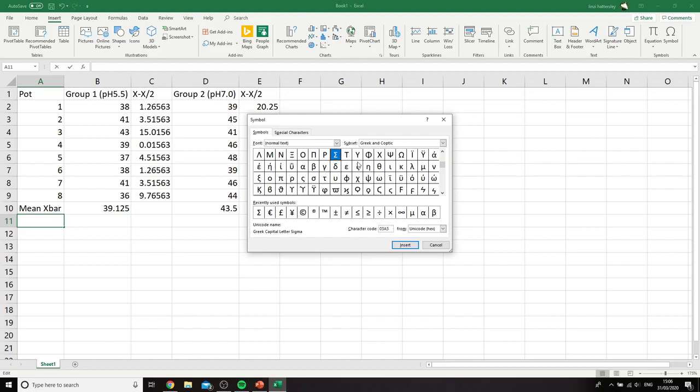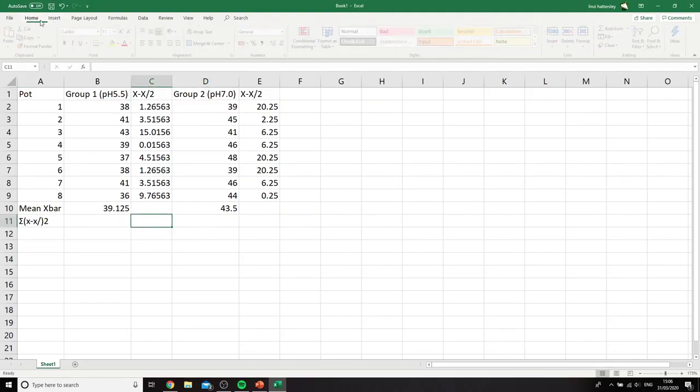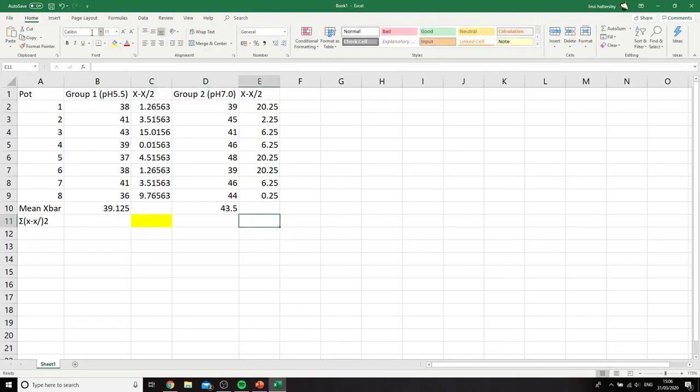If you're trying to scroll through and you can't find it, use this character code. It's 03A3. You paste that in there, you press insert, and it'll automatically insert it for you. Okay.